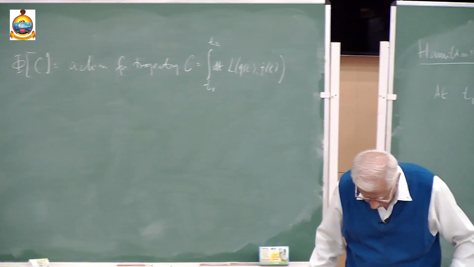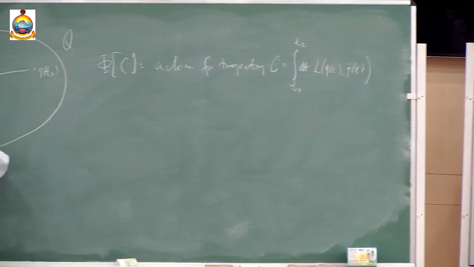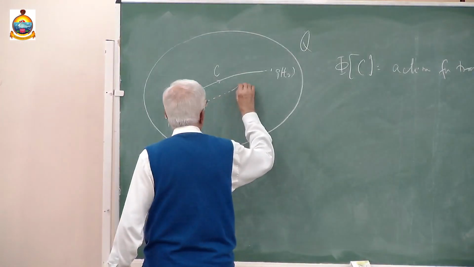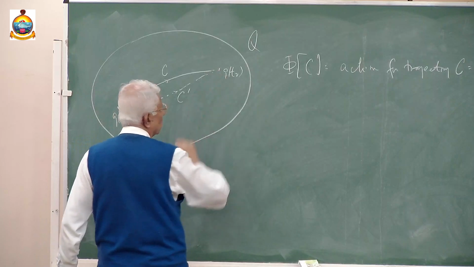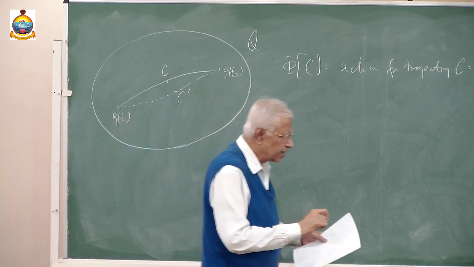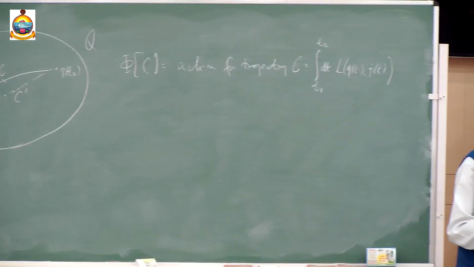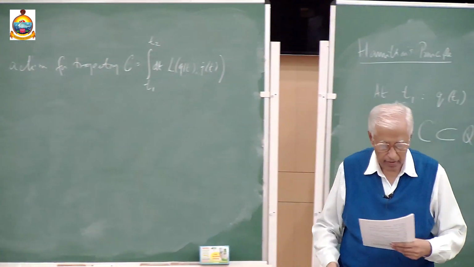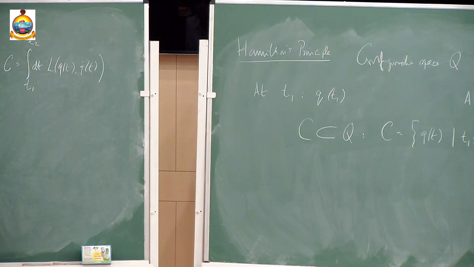Now, imagine you change C to a nearby C prime. That is, at each intermediate time, you make small changes in the coordinates q at that time. All right. And so I will describe the new path, the C prime I have defined there.